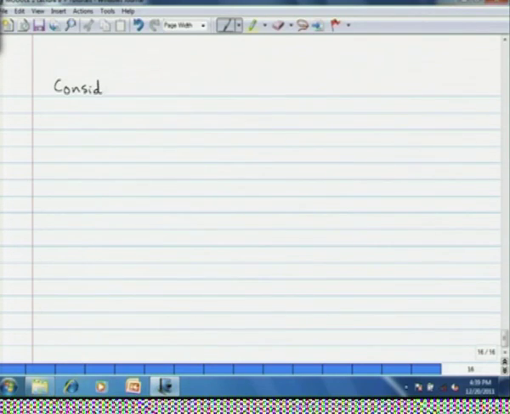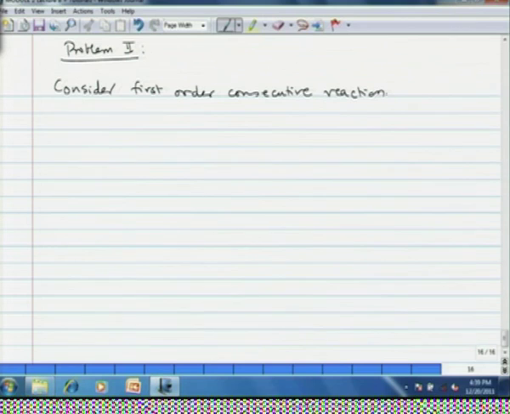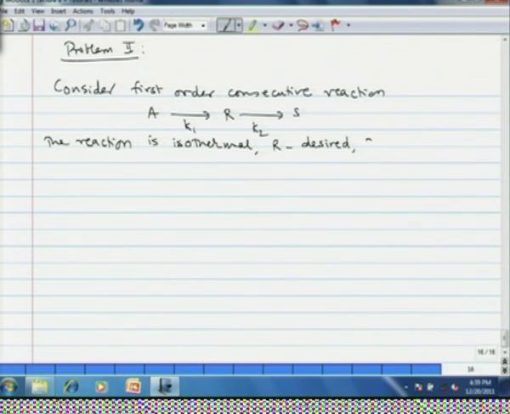Consider this is problem 2. Consider first order consecutive reaction. A goes to R goes to S with rate constants K1 and K2. The reaction is isothermal. R is the desired product and S is the waste product.